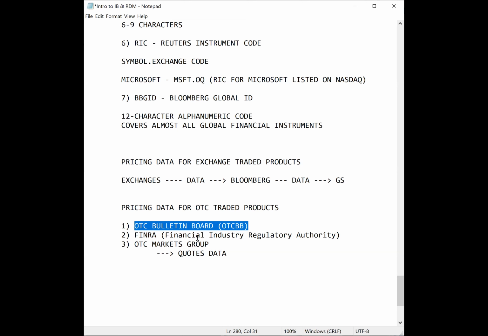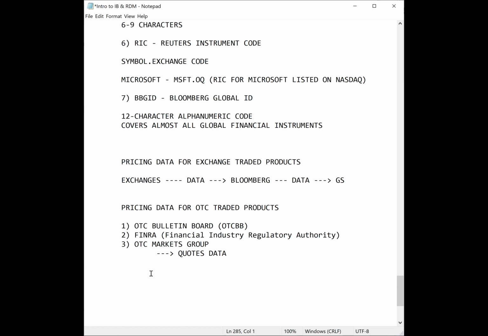So in this, there is no external data provider. It can be, I mean, Bloomberg can also collect from them. It is a source of traded products. Either the IB can directly deal with them or they can deal with Bloomberg and Bloomberg can deal with them. That's fine.